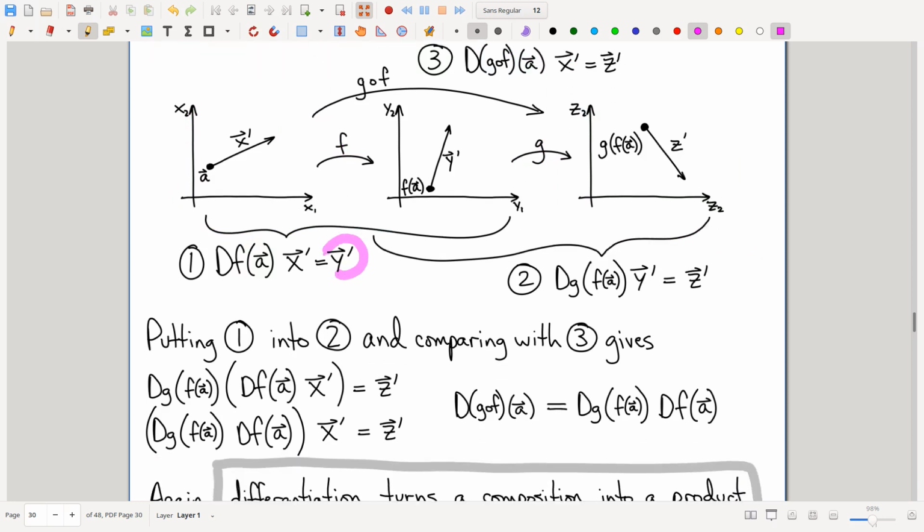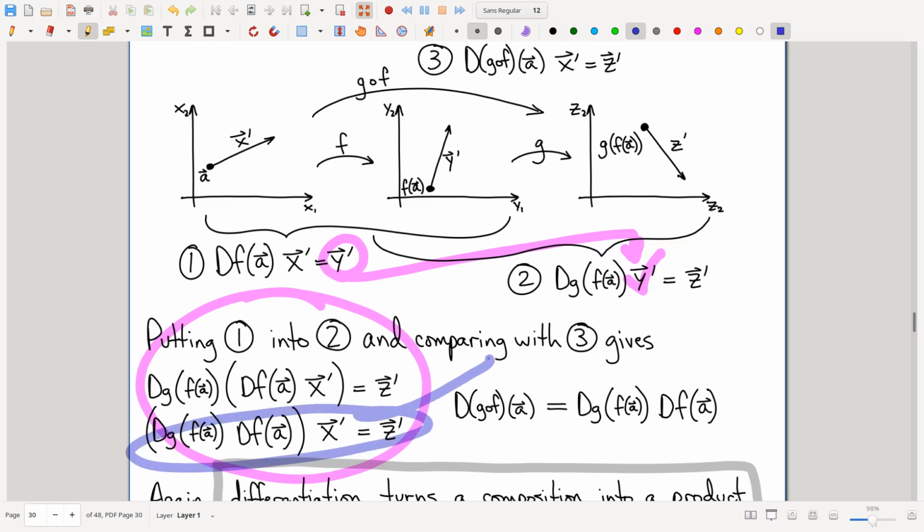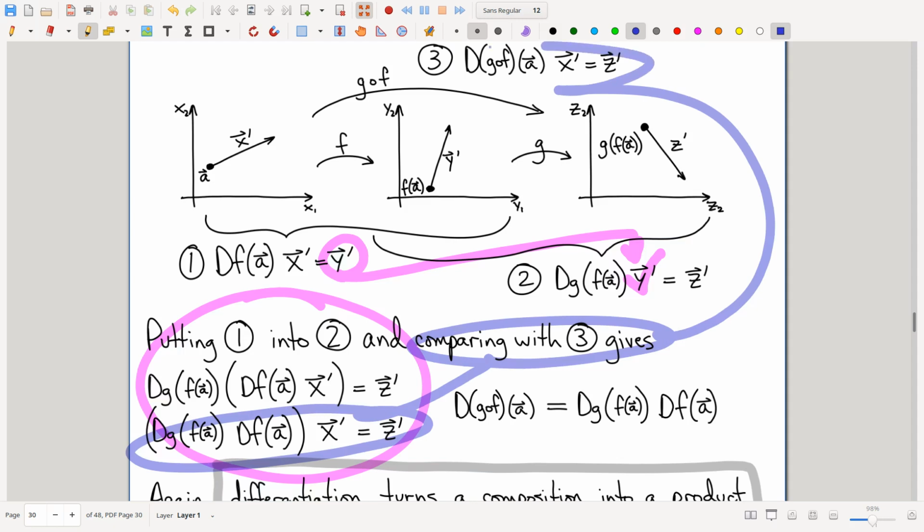Taking this formula for y prime and plugging it into there gives me this. That's just a matter of plugging it in and writing it down. No big deal. Again, I can compare this equation with the just direct interpretation of what the derivative of the composition does.